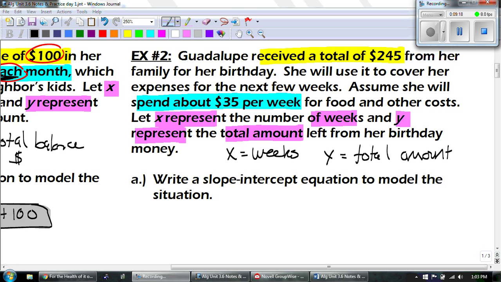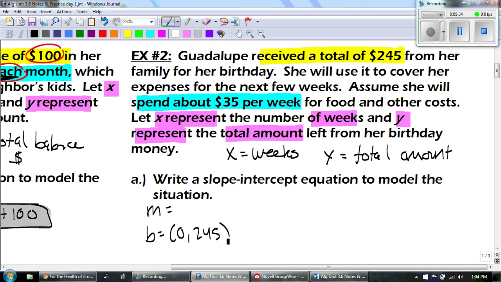Okay, so x equals weeks and y equals the total amount. Now, they gave us 2 numbers. One was the slope and one is the y-intercept. She received a total of $245, so that's her starting amount. But then there's the word per, so it's 35, but she is spending that money.